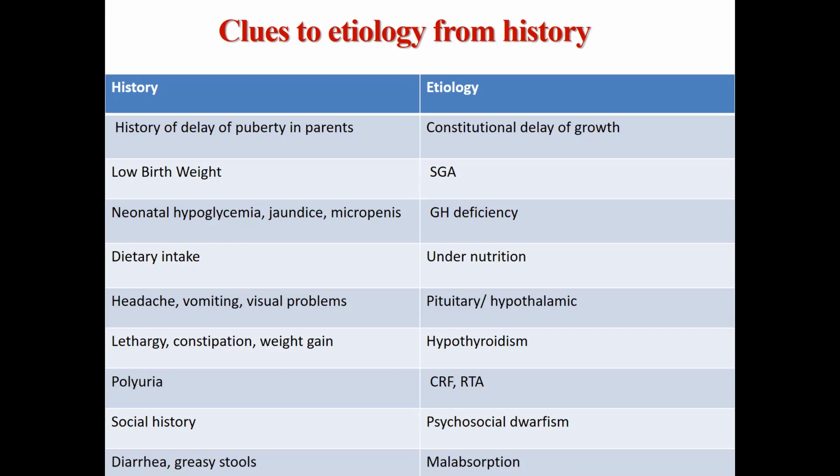Headache, vomiting, visual problems can guide you to the pituitary and the hypothalamic causes, especially the tumors. Lethargy, constipation, weight gain can guide to hypothyroidism. Polyuria, and this is very important, will indicate a renal cause, chronic renal failure, or renal tubular acidosis. Social history will indicate psychosocial dwarfism.